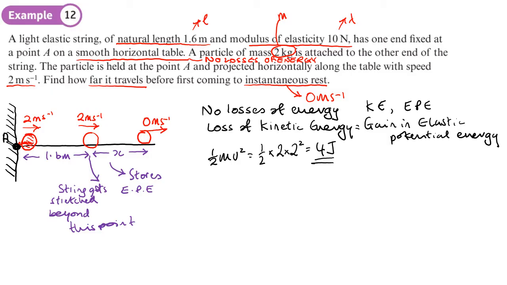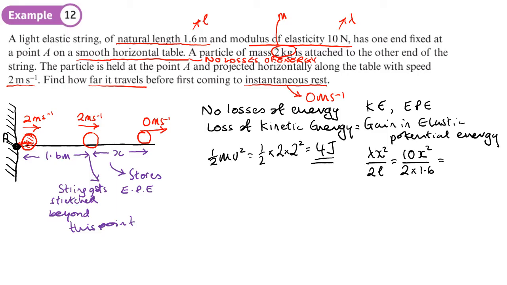How much elastic potential energy is gained? So we'll use lambda x squared over 2L. Lambda is 10. The extension is x. And the natural length is 1.6, so 2L is 2 times 1.6.